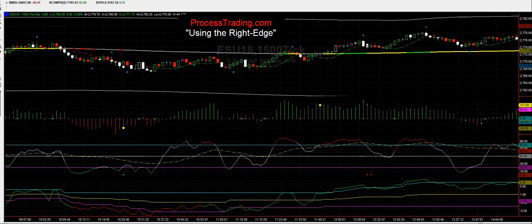For those of you not familiar with the ProcessTrading.com Right Edge trading system and the specific leading non-correlated indicators, including these price cycle bars, which I'm going to talk about in a minute, if you go over to ProcessTrading.com, it will explain the whole system.